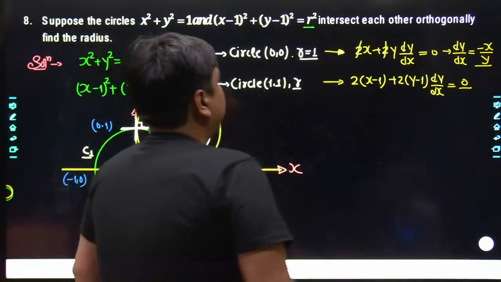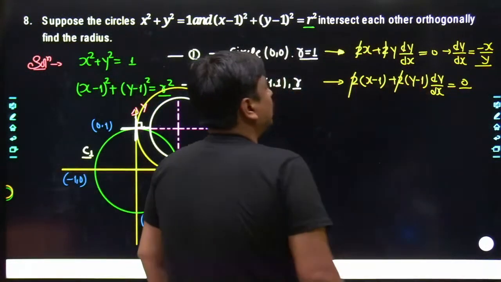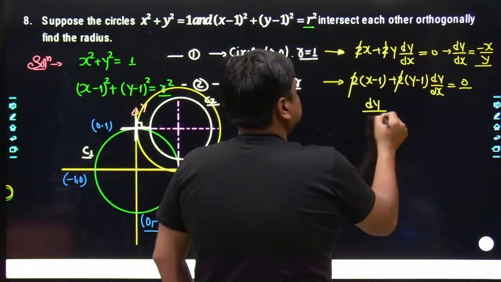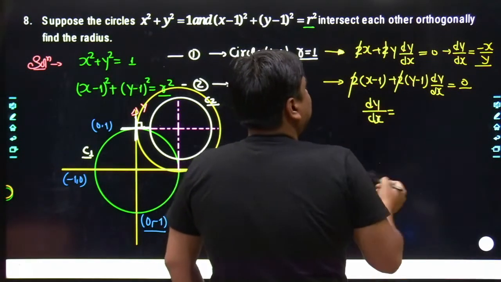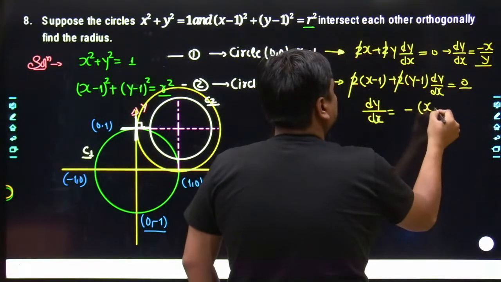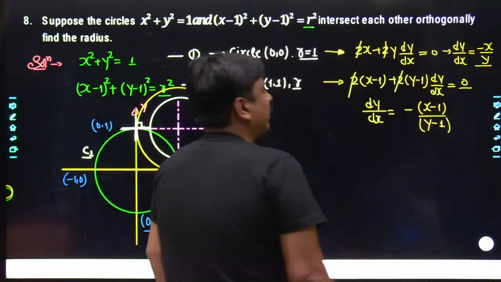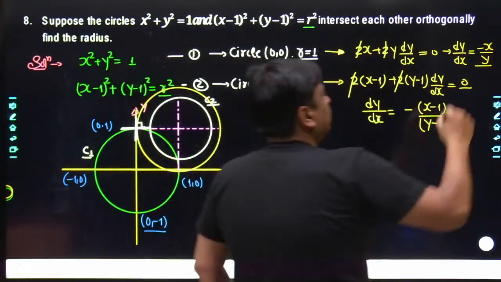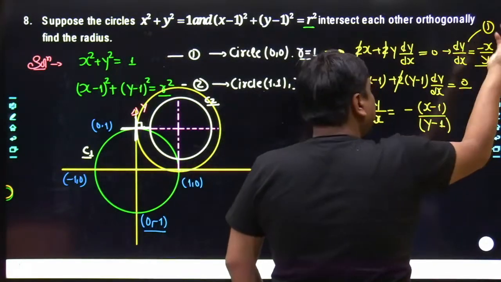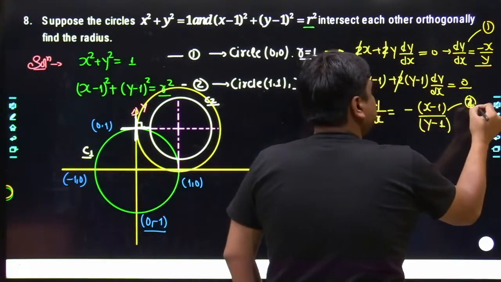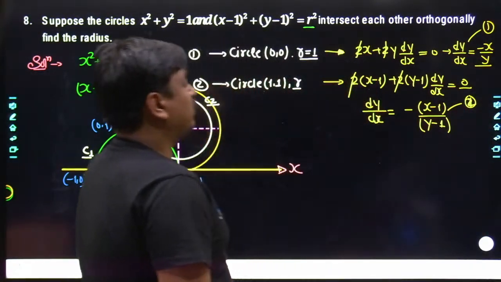The 2 is common on both sides, so it's going to be knocked off. The dy by dx which we have got here is simply going to be (x minus 1) divided by (y minus 1). It is the tangent slope of this circle at any point x and y, and similarly the earlier one is the tangent slope of the first circle at any point x and y.